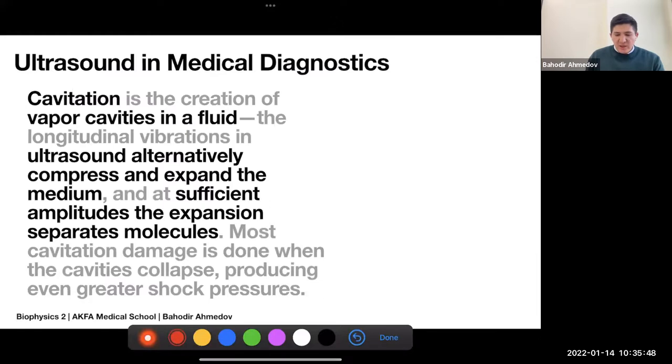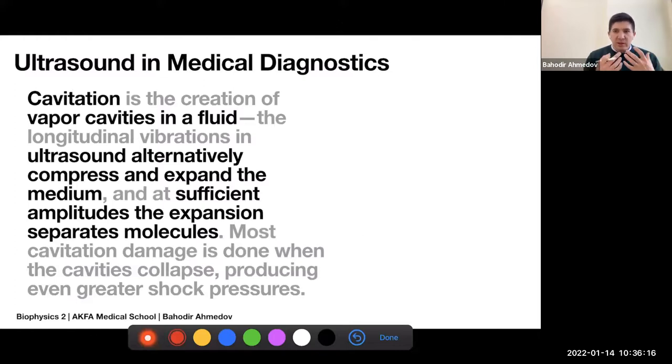So the cavitation is the creation of the vapor cavities in the fluid. At the same time, the longitudinal vibrations of the ultrasound are going to alternatively compress and expand, and at sufficient amplitudes, intensity and frequencies, it is going to separate the molecules.